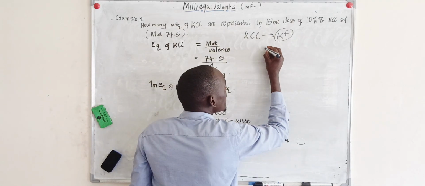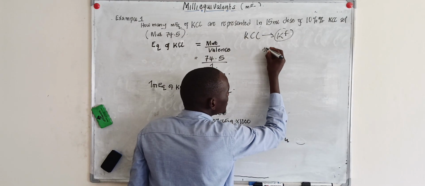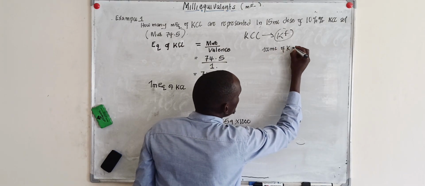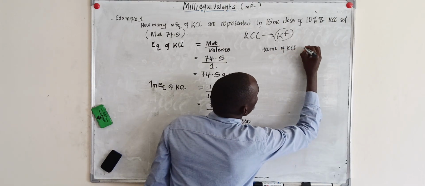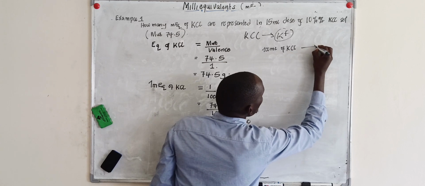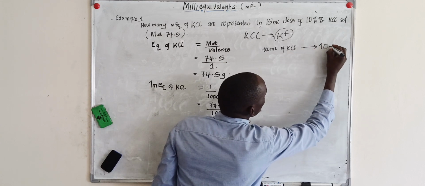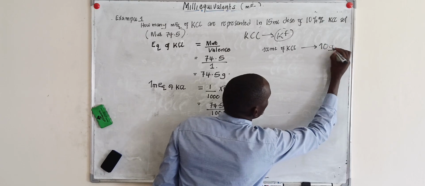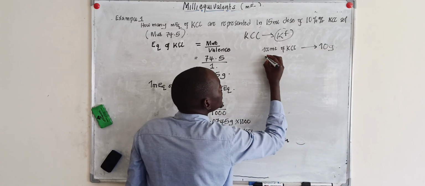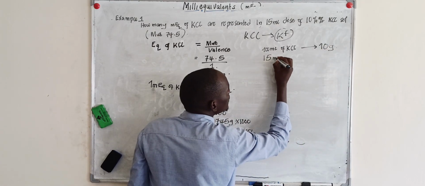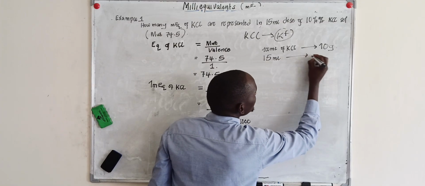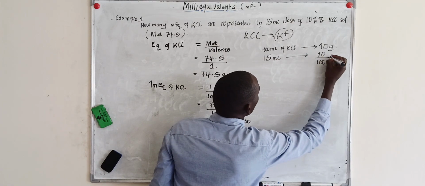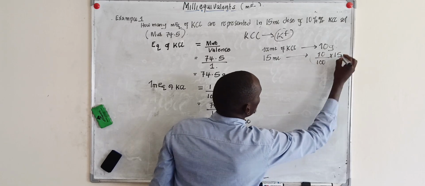But we know that 100 ml of potassium chloride solution contains 10 grams. How about the 15 ml? This will contain 10 out of 100 times 15.